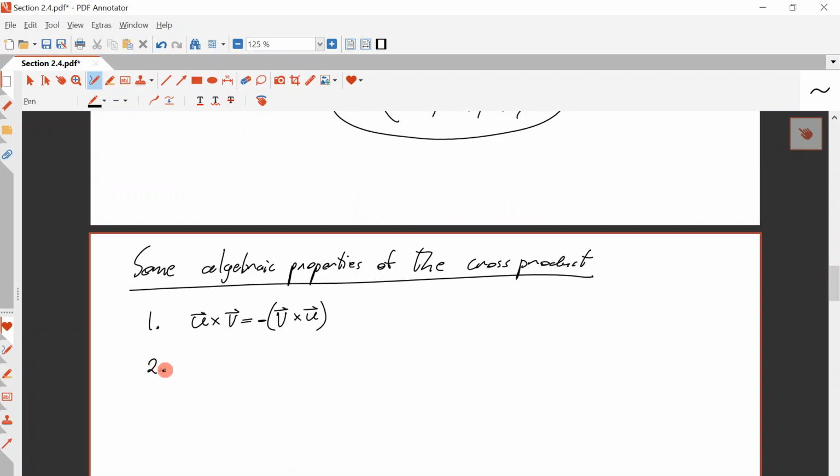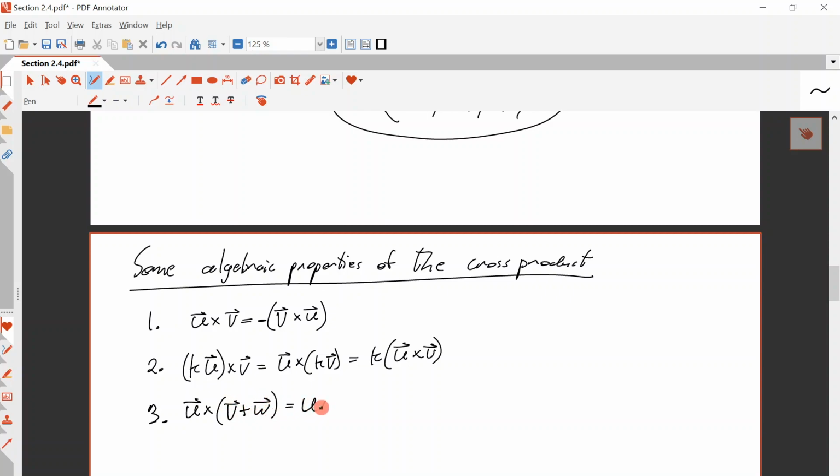Two, if you take a scalar times U, cross it with V, it's the same as taking U, crossing it with KV. It's the same as taking the cross product of U and V, and then multiplying by K. The cross product also distributes over addition.